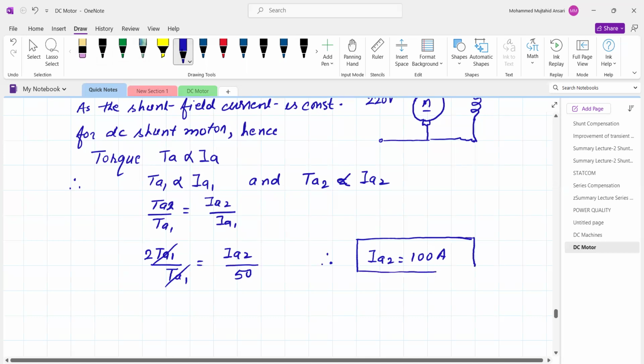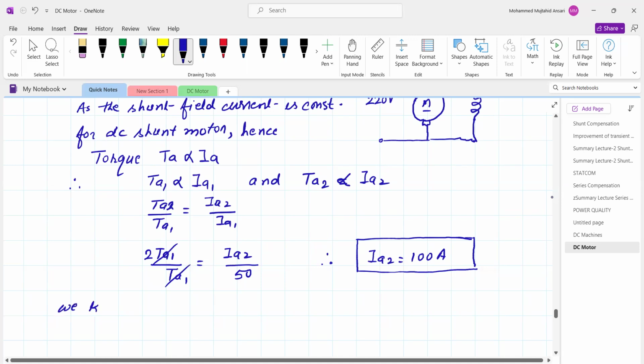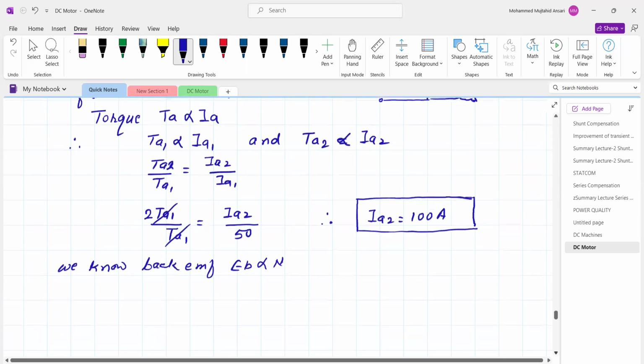Now, once we know the value of current in the second case, we can use the back EMF. We know that back EMF EB is directly proportional to speed, as we have already discussed in the significance of back EMF.